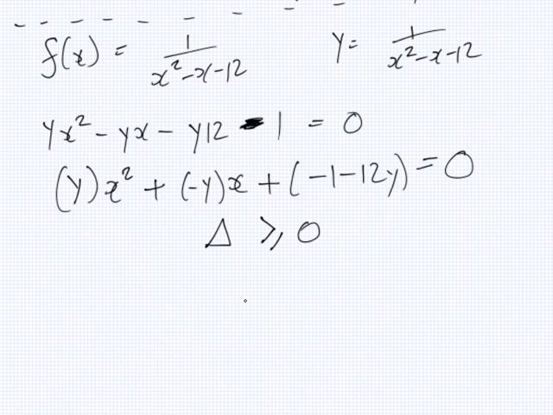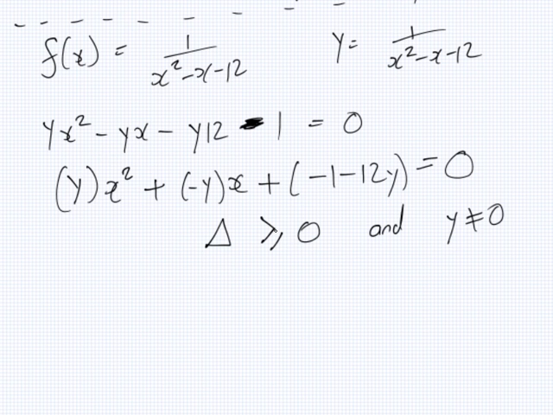When will it not be a quadratic? If this part was 0. Because then it's a linear. So the moment I say this, I also have to say and y is not 0. Because if y was 0, I would not have a quadratic to use this on.